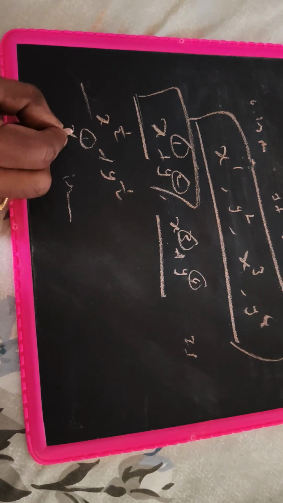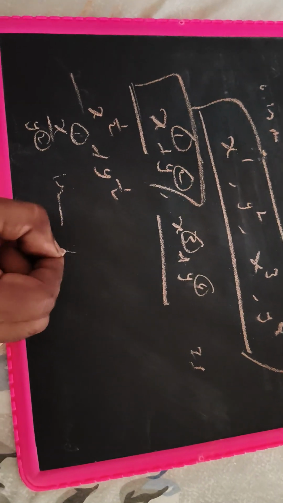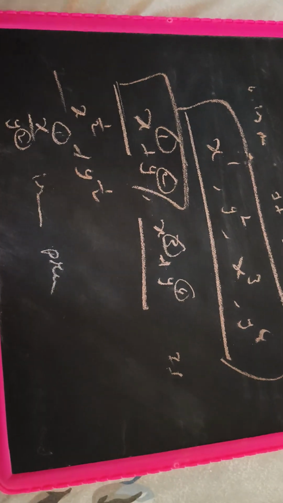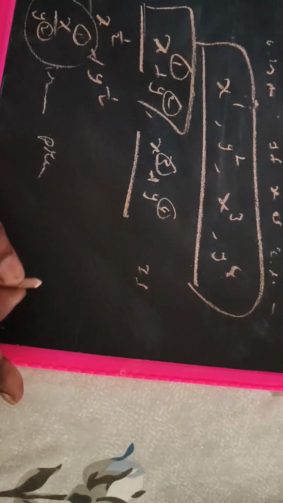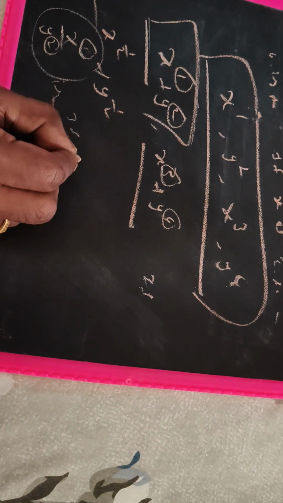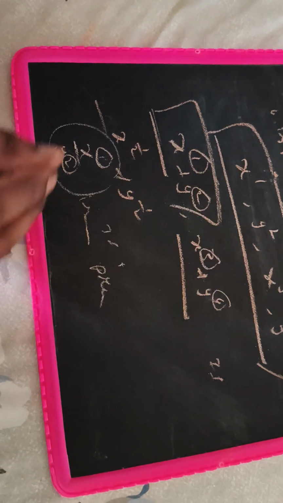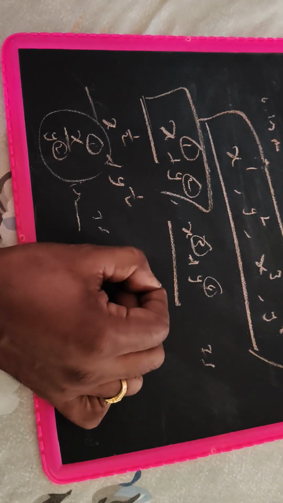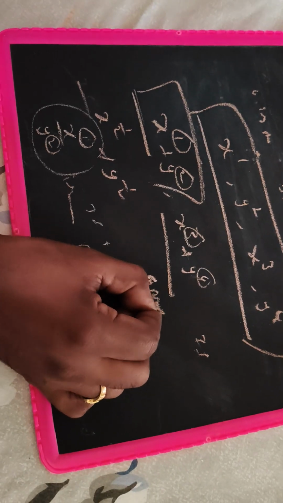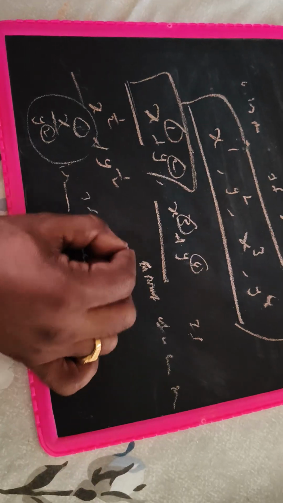With whole number exponents like 1, 2, we call it a polynomial. What is a polynomial? Any algebraic expression whose exponents are whole numbers. You can remember this point.